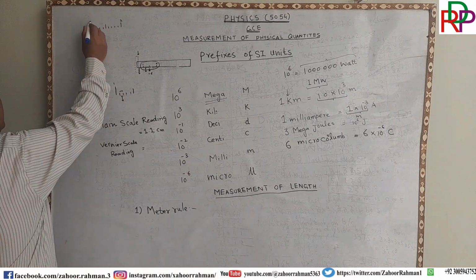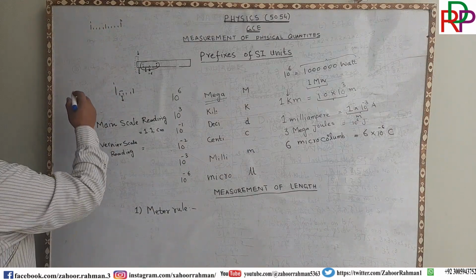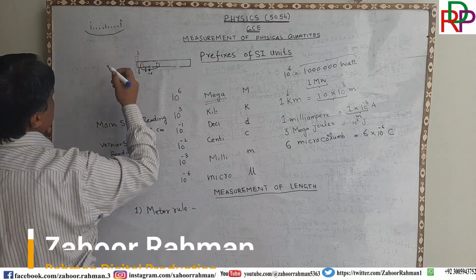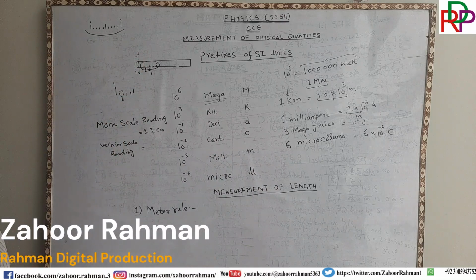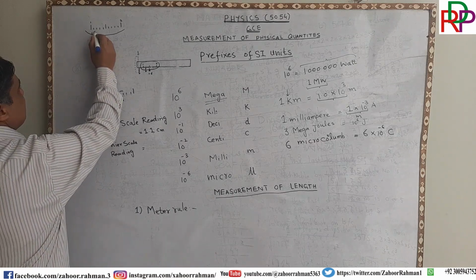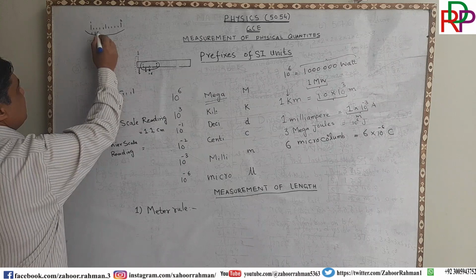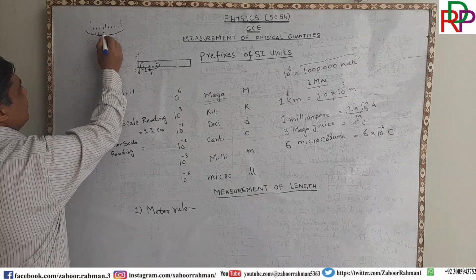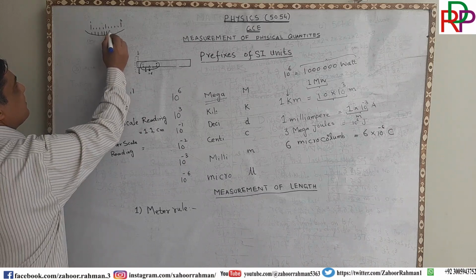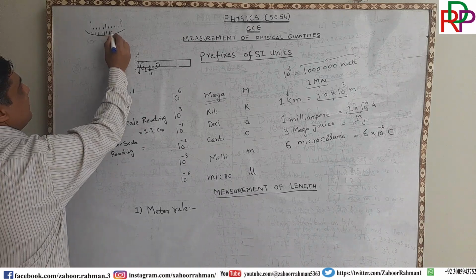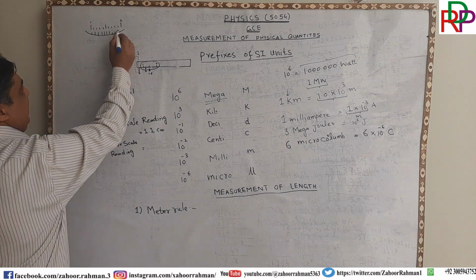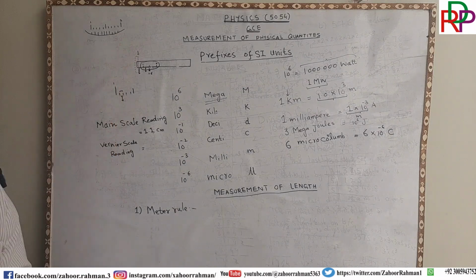This is 2 and this is 1. Now I am taking only the vernier scale, this portion, not the whole circular. So there will be 1, 2, 3, 4, 5, 6, 7, 8, 9 and 10.